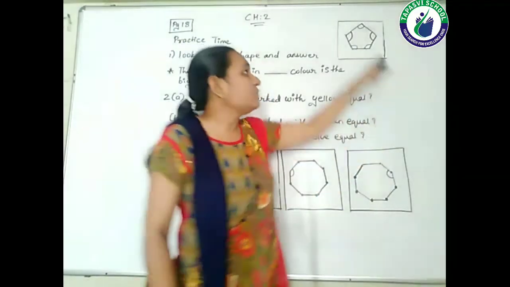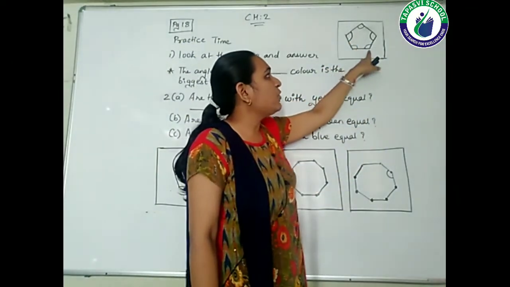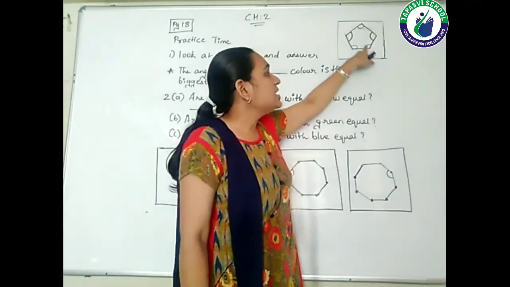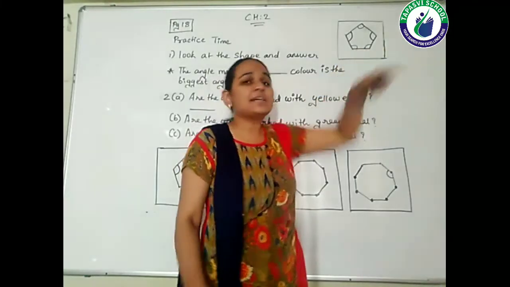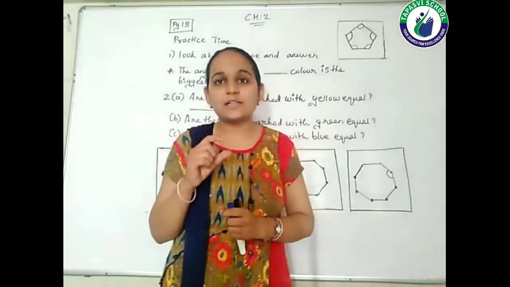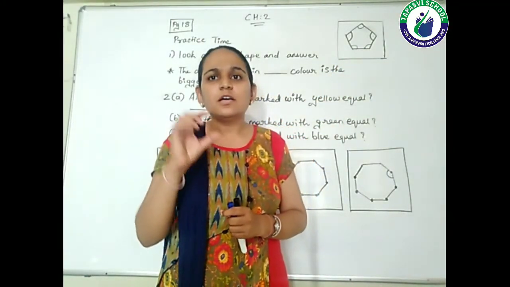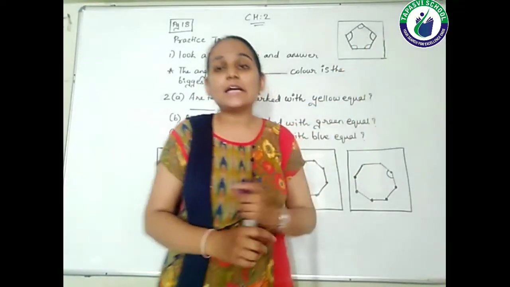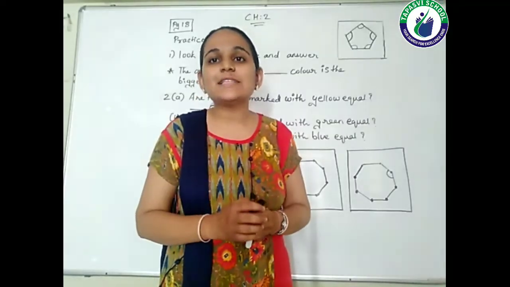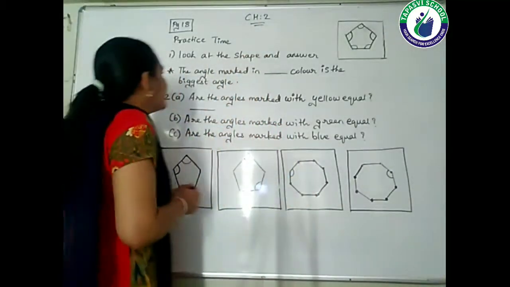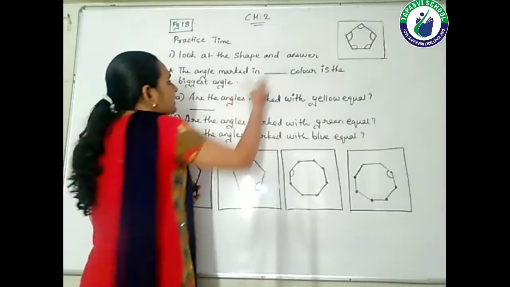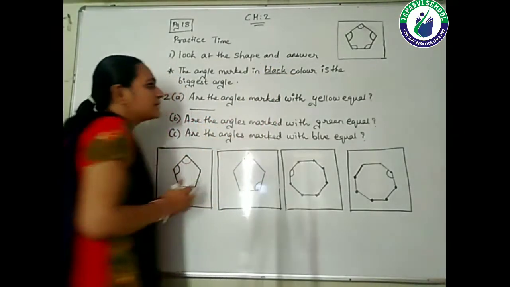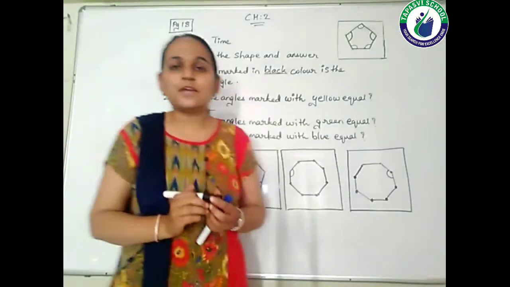All these blue angles, which I have marked with the blue color marker, are lesser angles. That means they are a little bit smaller compared to the one I marked with the black color. So the answer is the angle marked in black color. The angle marked in black color is the biggest angle, right, students?